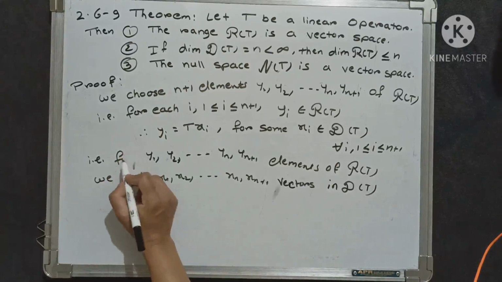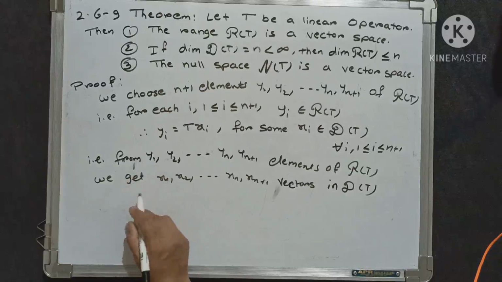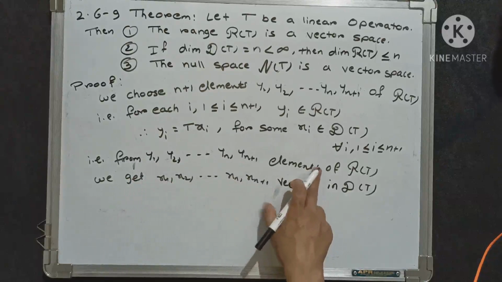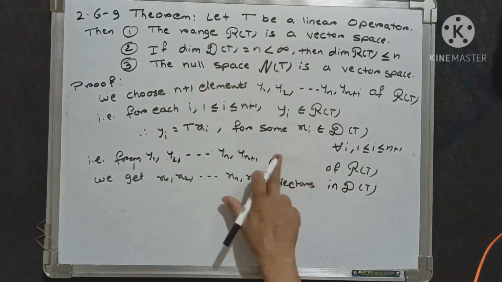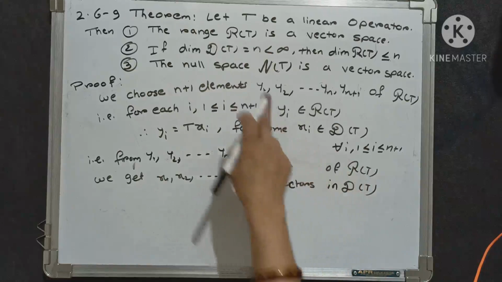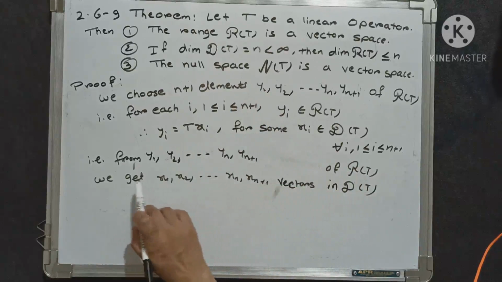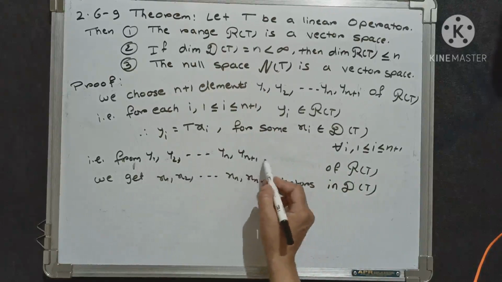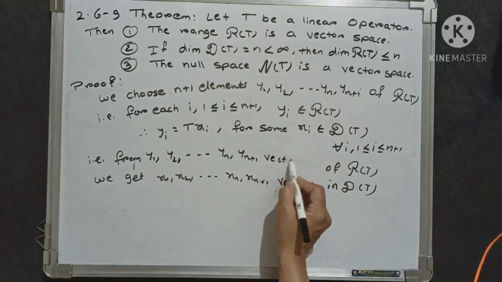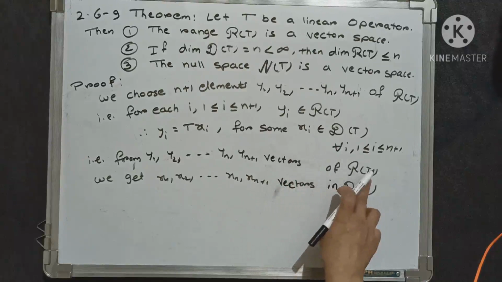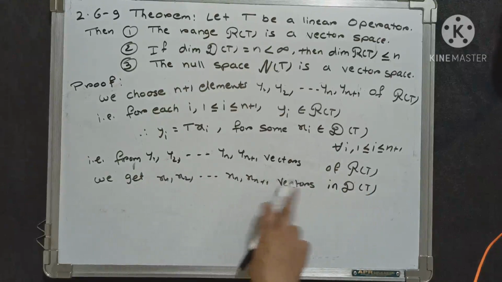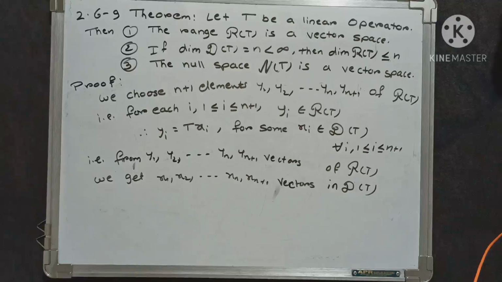That is, from y1, y2, up to yn plus 1 vectors of the range set, we get x1, x2, up to xn plus 1 vectors in DT.